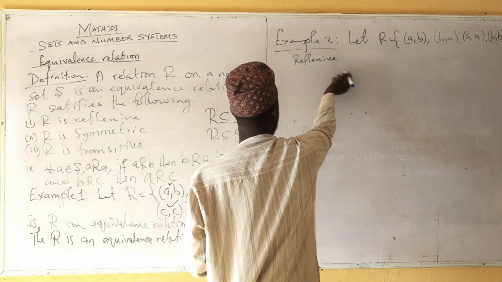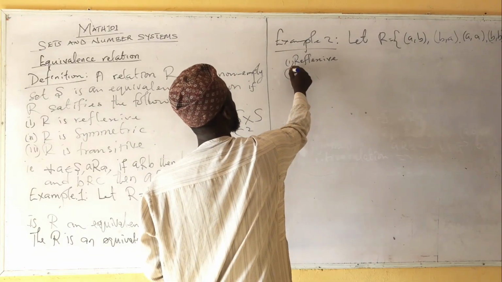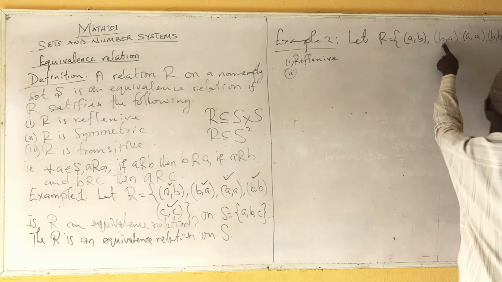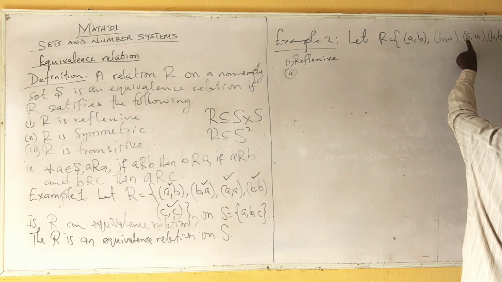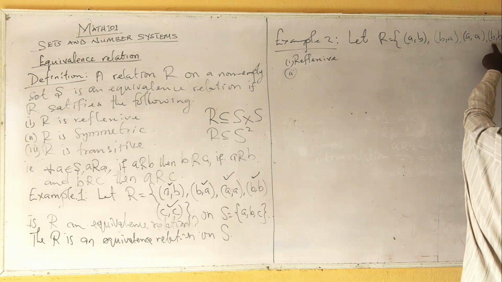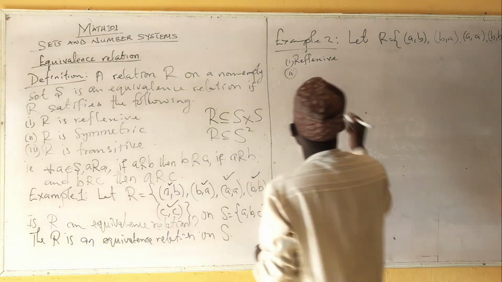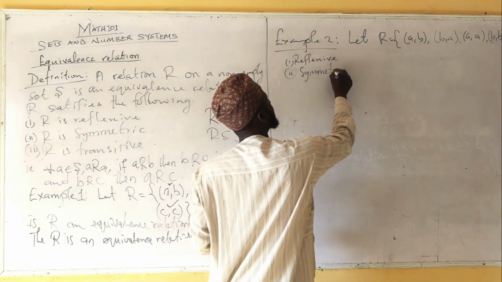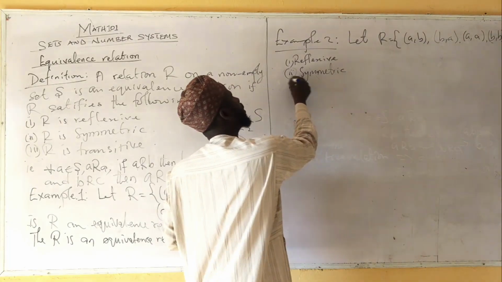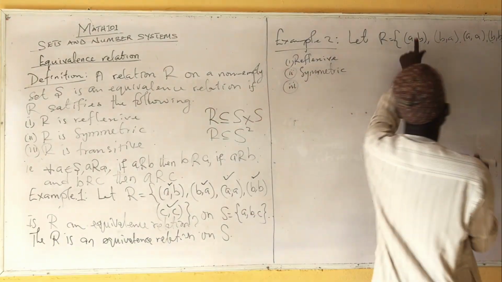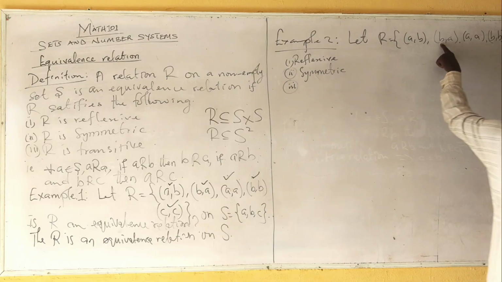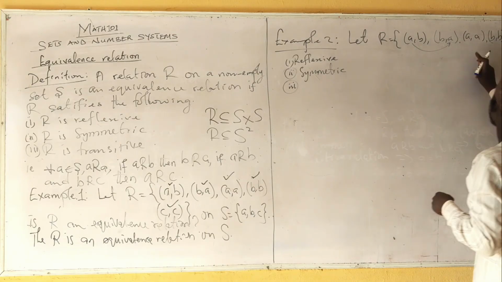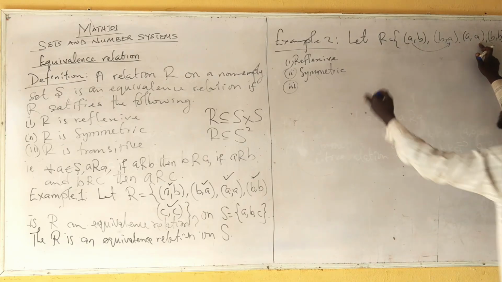The relation is reflexive. Is it symmetric? We have AB and there is BA. We have AA, AA, BB, BB. And this means that the relation is symmetric. Is it transitive? We have A related to B and B is related to A. Clearly we can directly say A is related to A, and we have A related to A in the relation.